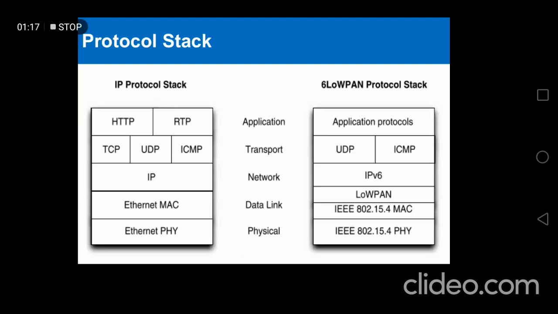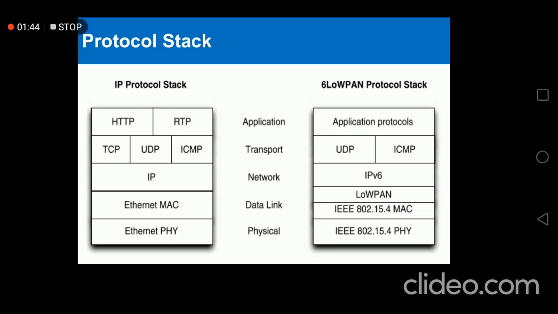This is a comparison between the protocol stack of TCP/IP and 6LoWPAN. 6LoWPAN provides different protocols which support successful communication between nodes. On the physical layer, it uses the IEEE 802.15.4 physical protocol. This layer is used for conversion of sent packet data bits into physical signal.